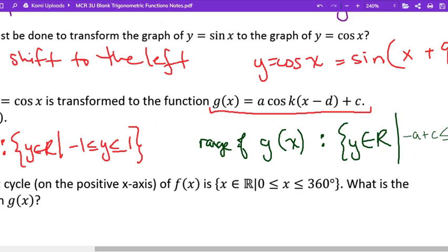So notice there's no -C in this. You're always shifting the same amount up or down. It's just that the stretch will stretch you out in the negative direction and in the positive direction. Okay, so we first change the amplitude and then we move the central axis.